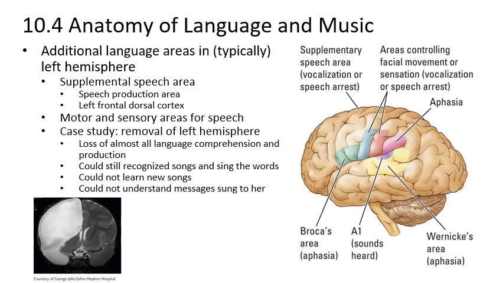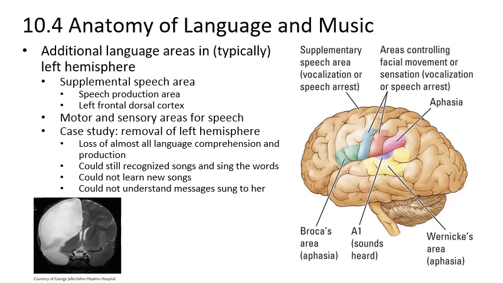She couldn't create new songs or learn new songs, and she couldn't understand the meaning of messages that were sung to her, but she still remembered the production of the words of these songs and could sing melodies. It's a profound example of how music ability can be retained to some degree, even with a complete removal of the majority of the language areas in the brain.